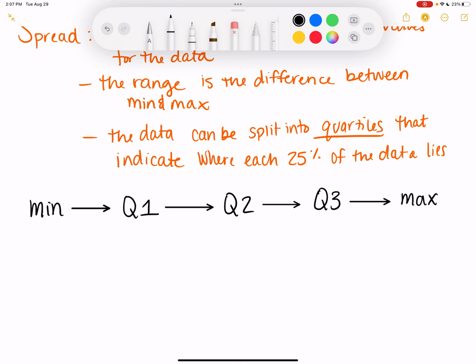All right, so Q1, Q2, and Q3 mean quartile 1, 2, and 3. Now, quartile 2 is also known as the, anybody want to take a guess? Median.